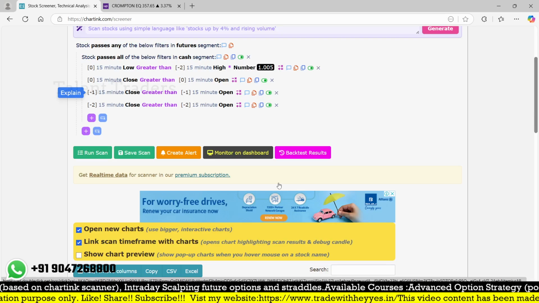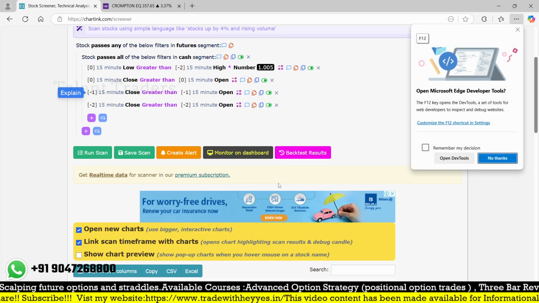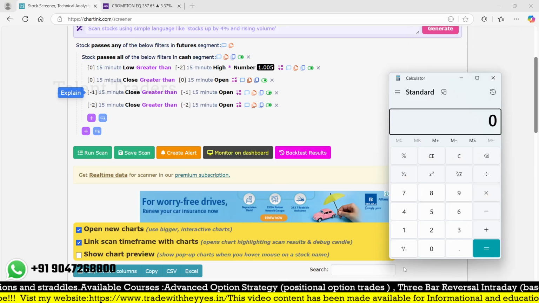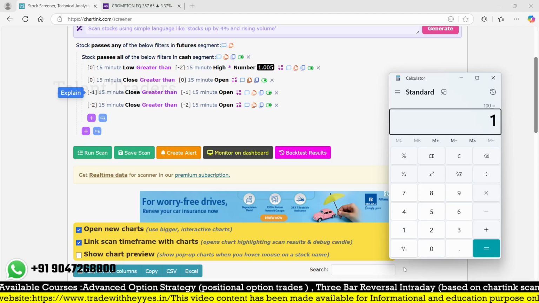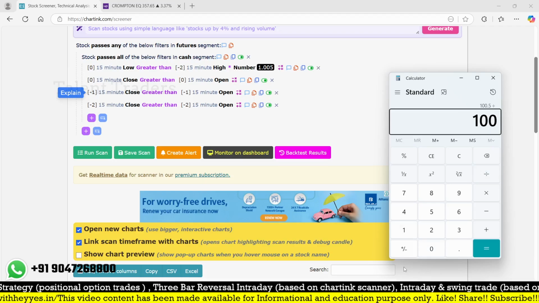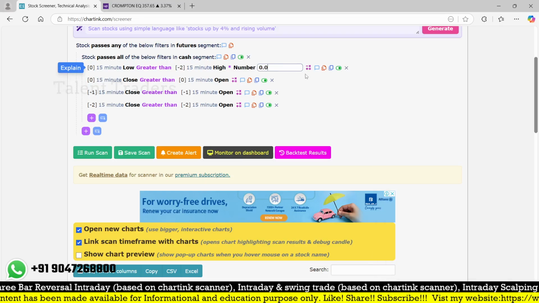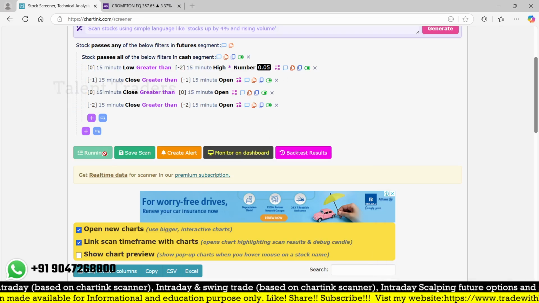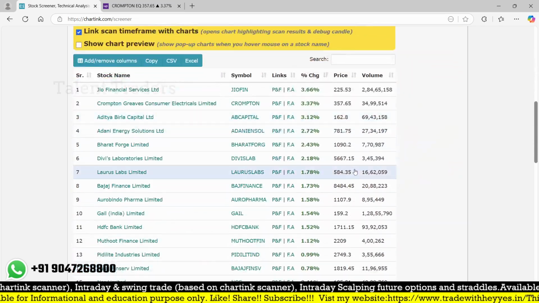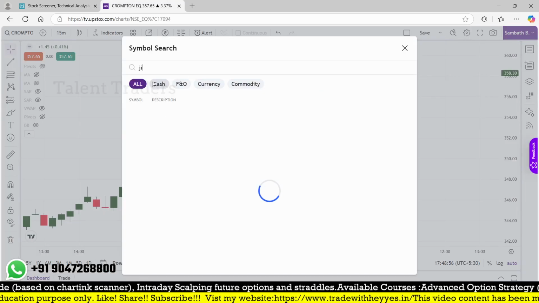So for example, let me calculate that: 100 rupees into 1.005 percentage. Let me add it like this. There are a lot of stocks, let me check first. Very minimum, I think.